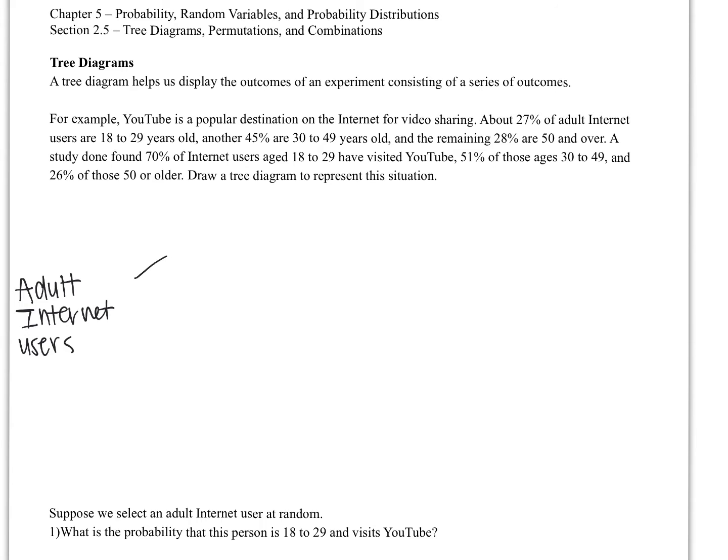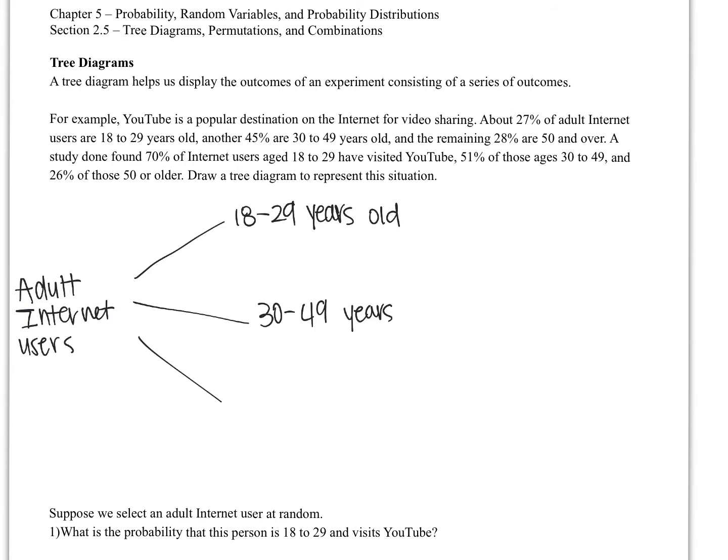And based off that, we have 3 categories that we're looking at. 18 to 29 years old, 30 to 49 years old, and 50 and over.